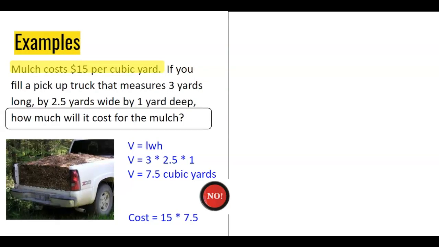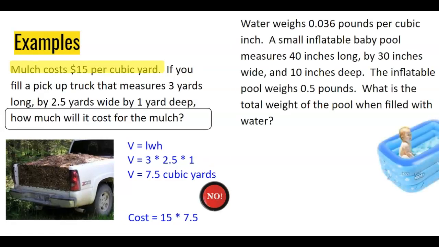So let's look at another example problem. Water weighs 0.036 pounds per cubic inch. A small inflatable baby pool measures 40 inches long by 30 inches wide and 10 inches deep. The inflatable pool weighs 0.5 pounds.